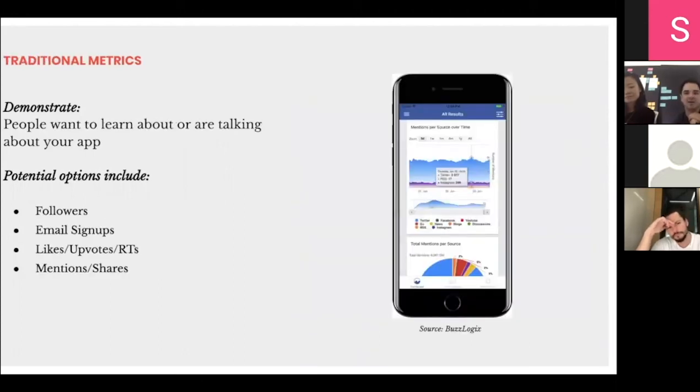And then traditional metrics, almost more marketing or social metrics. So think about who is going to want to learn about and talk about your app. If you set up a Twitter account or a Facebook page, or you post it on Reddit, look at how many people are engaging with your content, talking about it, following you to get updates.